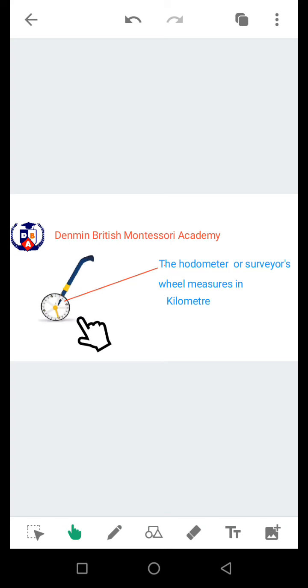Sometimes if they want to measure from Benin to Lagos, they will just fix it on a car. As the car is driving, it is rolling, and as it is rolling, it is recording the kilometers that the car has covered. That will tell us the distance, the length between Benin and Lagos.